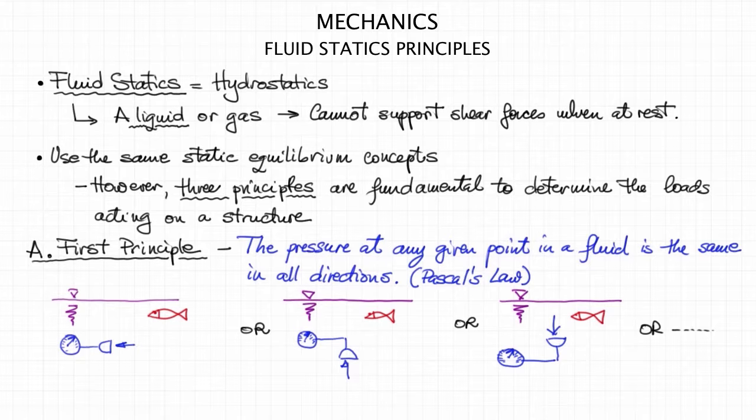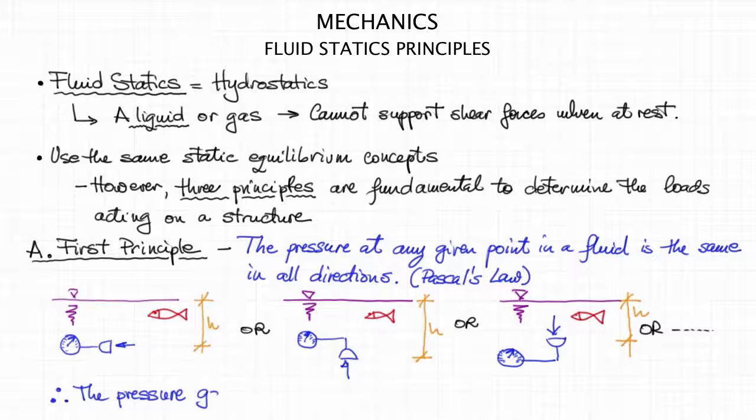Or we can rotate that pressure gauge in any other direction at that point, which is in all cases located at the same depth h from the surface of the fluid. And in all of these cases, the reading of the pressure gauge will be identical.